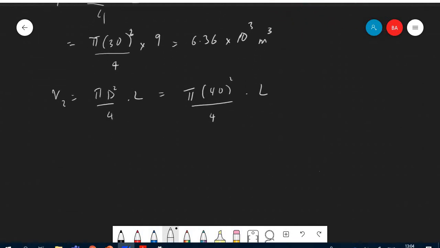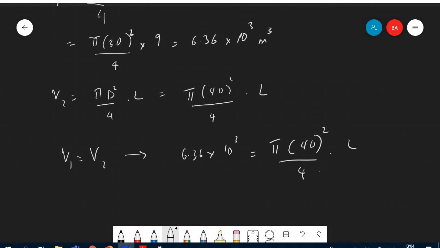So if I equate V1 is equal to V2, this will be 6.36 into 10 to the power 3 is equal to pi into 40 squared divided by 4 multiplied by L. And here I'm going to get my L value.